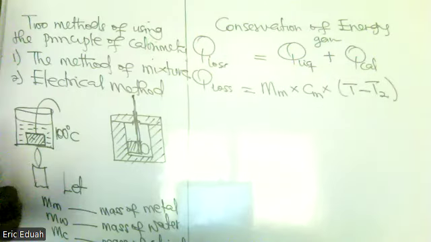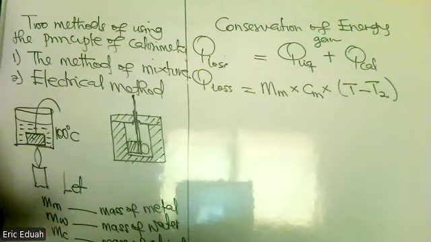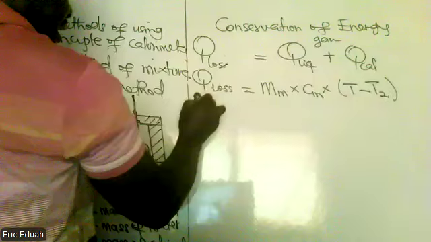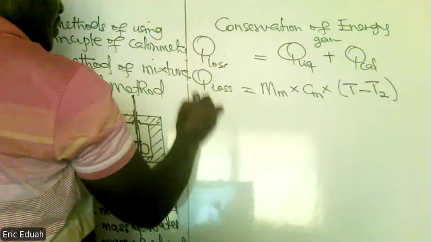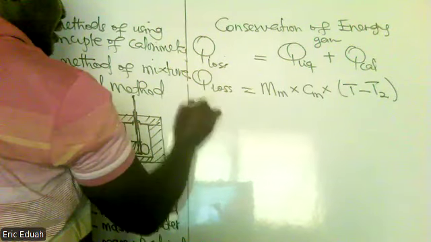So this will be the heat loss by the metal. Then let's look at the heat gain, Q gain.